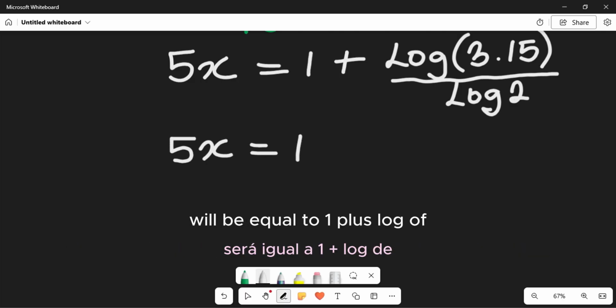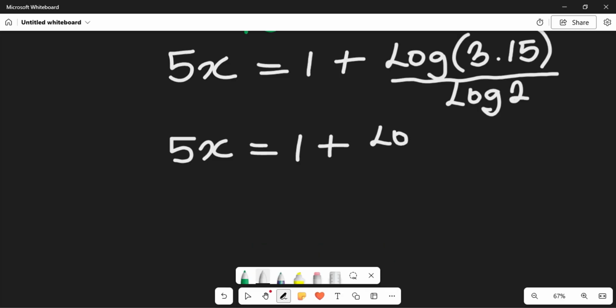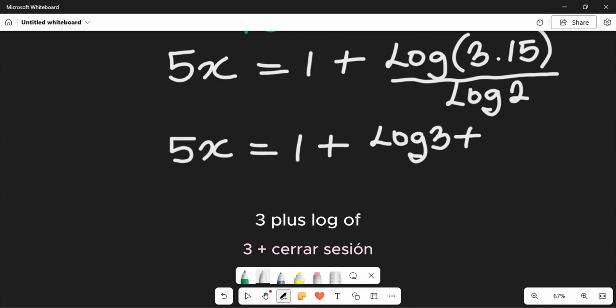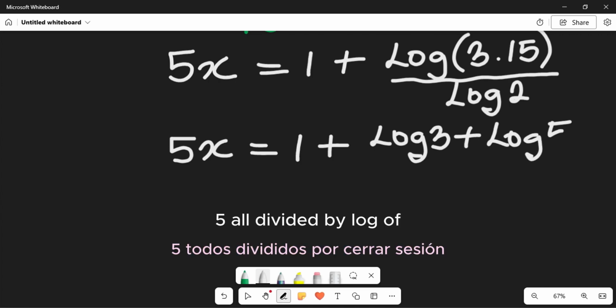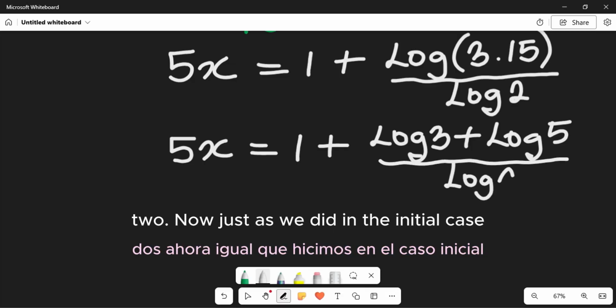Now, following that same law of logarithm, we can isolate 3 and 5, and that will be equal to 1 plus log of 3 plus log of 5, all divided by log of 2.